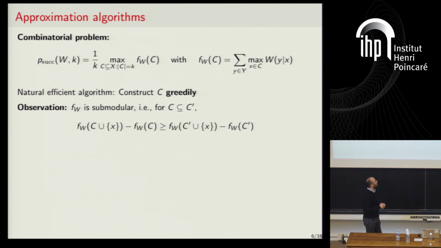which is that this f_W function is not any function from subsets. It's a function that has a very nice property, which is of being submodular.